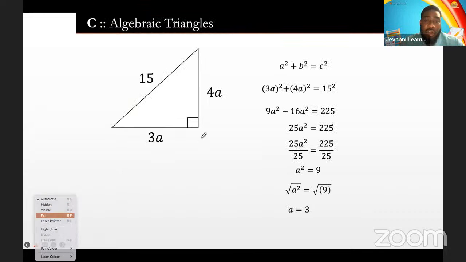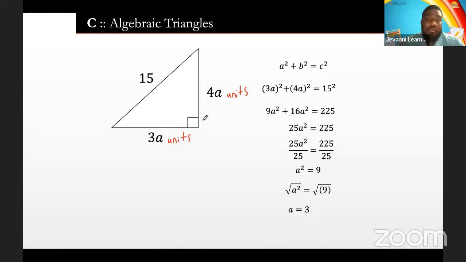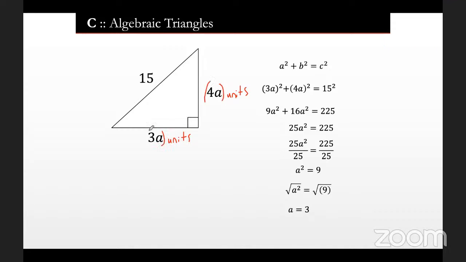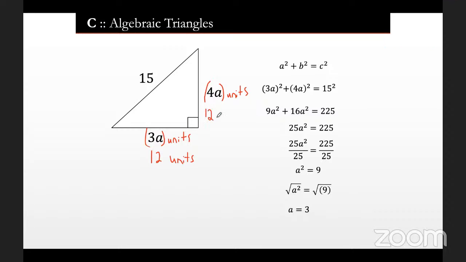So remember now, this would have units beside it, as I told you. So if we actually had the units beside it, something like this, and then the value of A is 3. 3 times 3 gives you 9 units right here, and then 4 times 3 is 12 units.